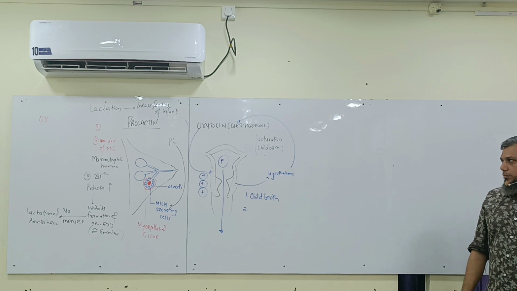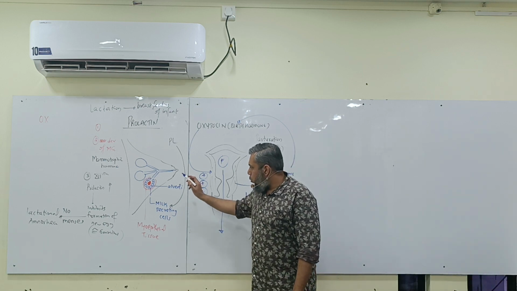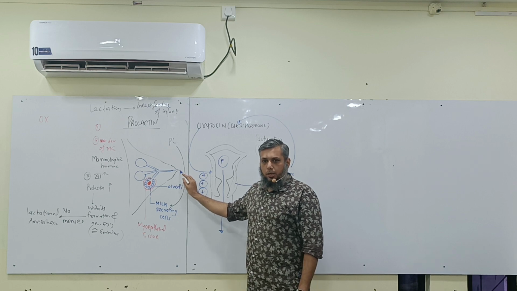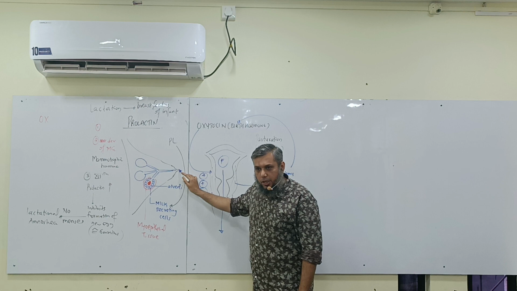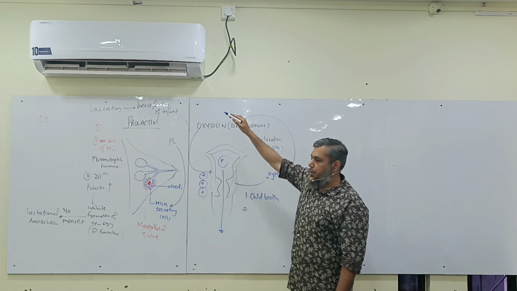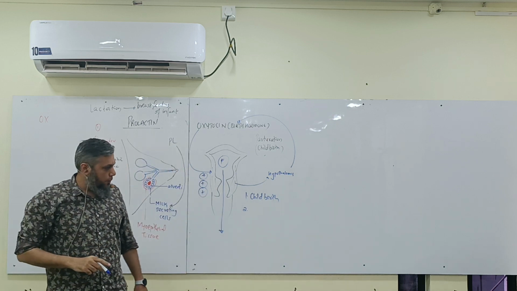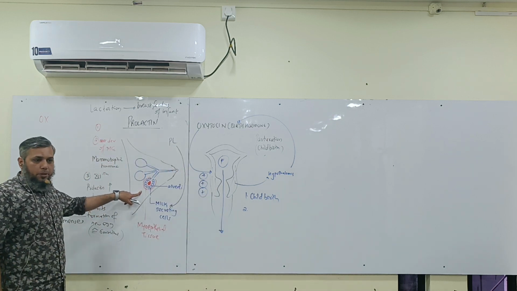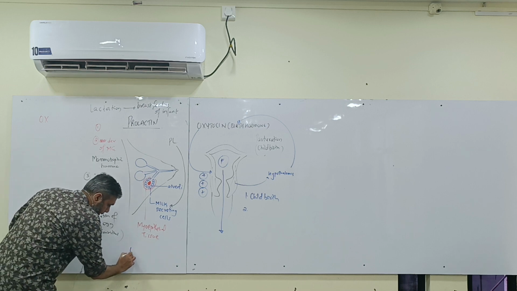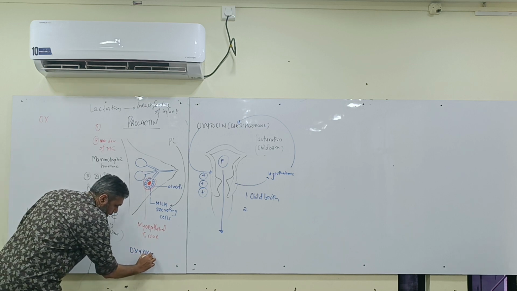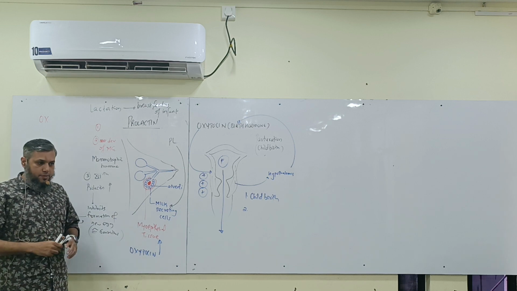Second function: as the infant is born and the child suckles on the nipple of the mother, the signals go directly to the hypothalamus, and the hypothalamus releases oxytocin, which acts on the myoepithelial cells.